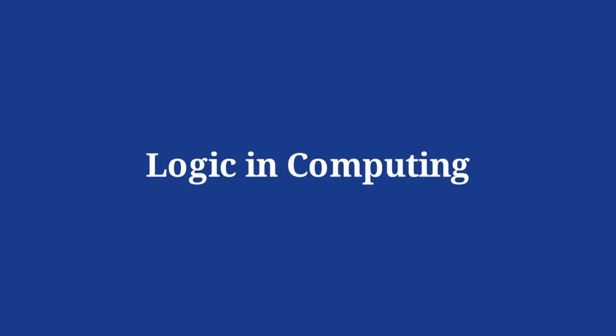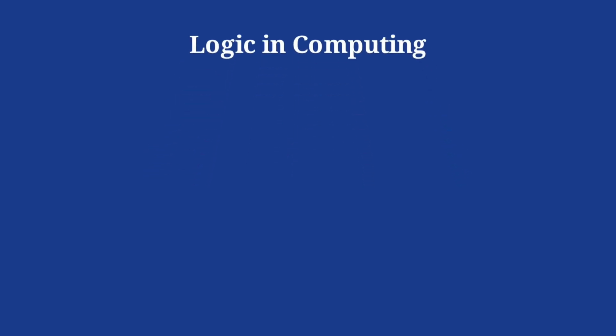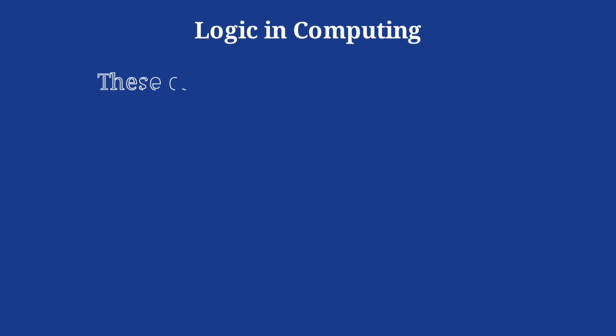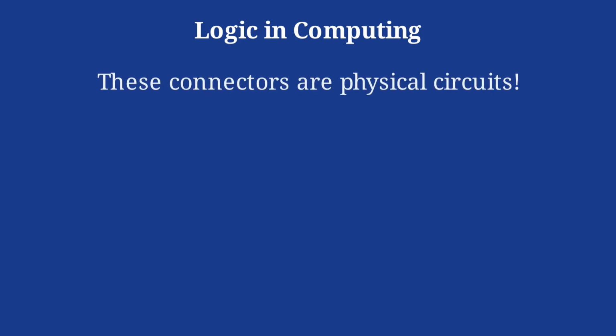This structure isn't just abstract, it's physical. This is the foundation of logic in computing. These connectors are built into physical circuits called logic gates. For example, this is a diagram of an AND gate.